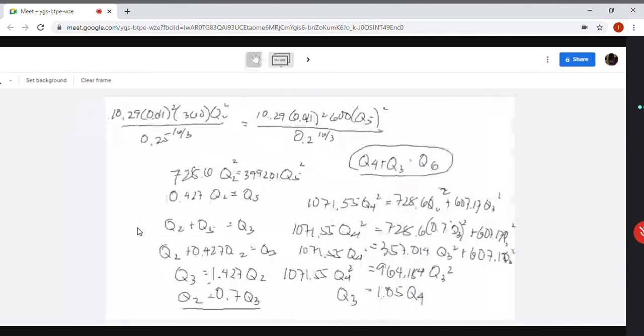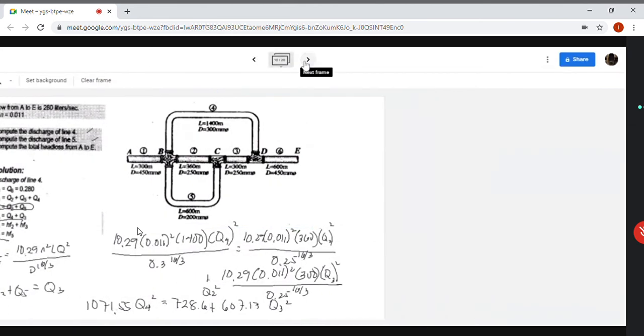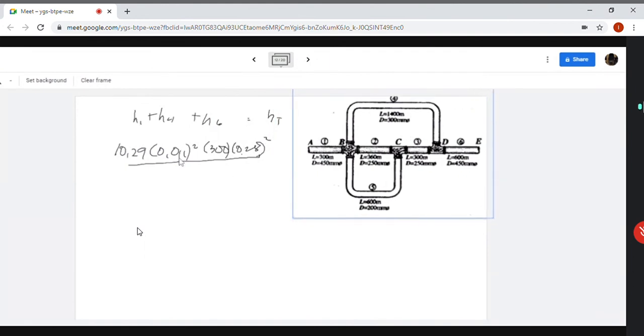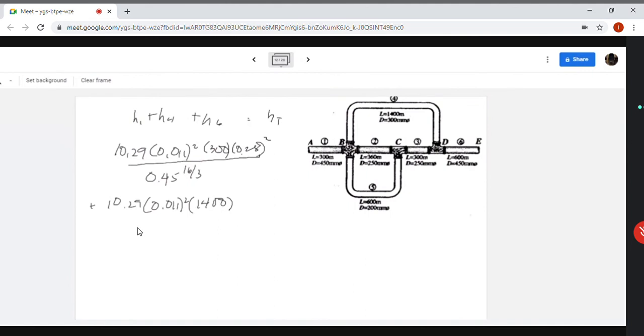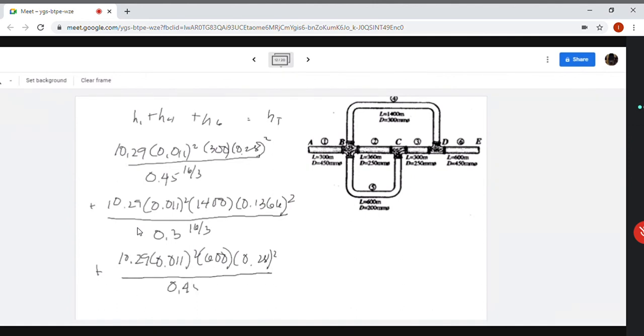squared over 0.45 to the 16 over 3, then plus head loss 4: 10.29 times 0.011 squared, with L of 1,400 times Q, which for head loss 4 is 0.1366 squared, over 0.3 to the 16 over 3, plus 10.29 times 0.011 squared times 600 times 0.28 squared over 0.45 to the 16 over 3.